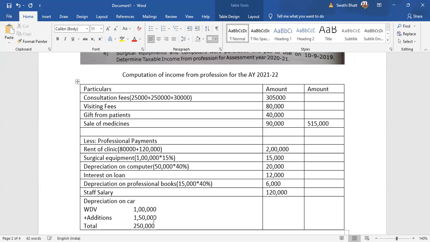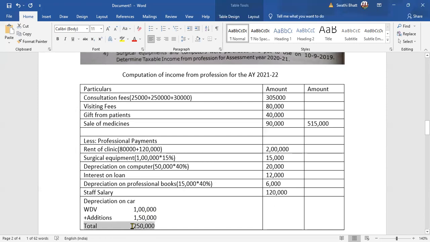Now, again, please remember the calculation of depreciation. The format is you take the written down value. If you have purchased any asset during the year, you add it. If you have sold the asset, you deduct it. Here, the written down value is 1 lakh. You have purchased a new car and the worth of that new car is 1,50,000.